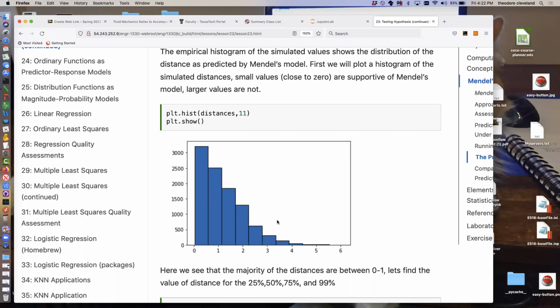So we got a distance of between 0 and 0.5. We roughly saw about 3,250 of those. 3,250 lifetimes, we got a value between 0 and 0.5. Another 2,500 lifetimes, we got a value between 0.5 and 1.